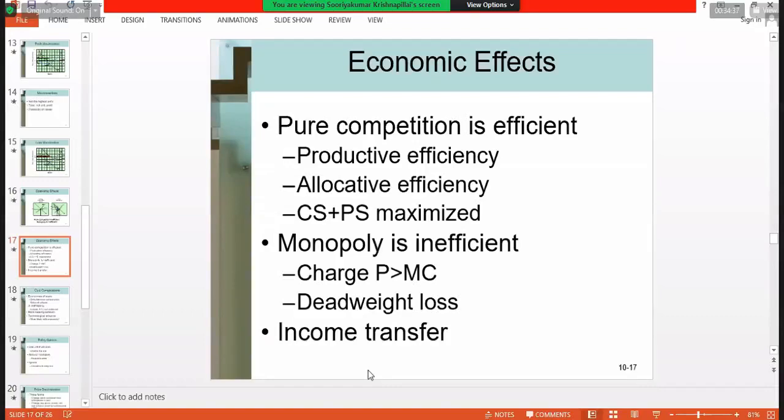That is another economic effect of monopoly. In a competitive market, the income transferred from consumer to the seller or producer is less, but here more income from consumers is transferred to the shareholders.